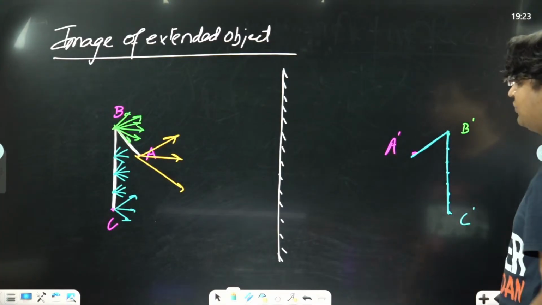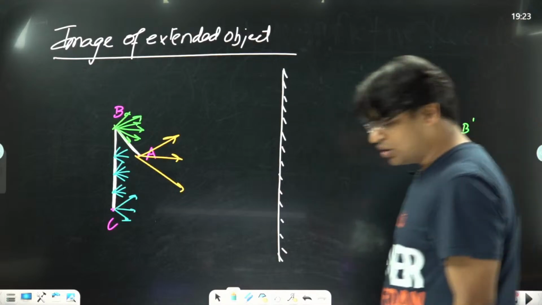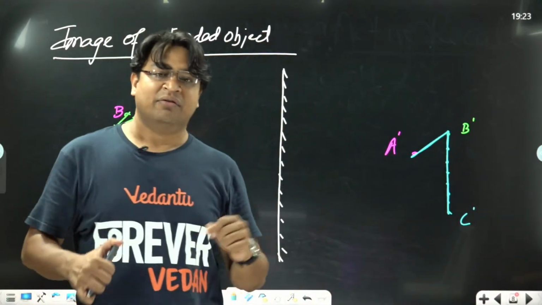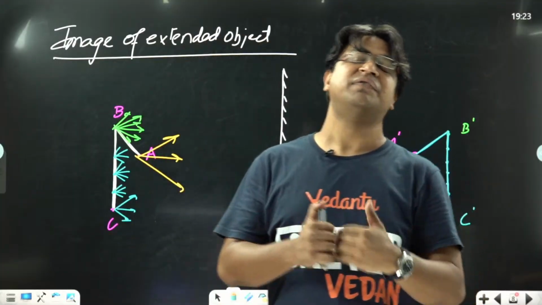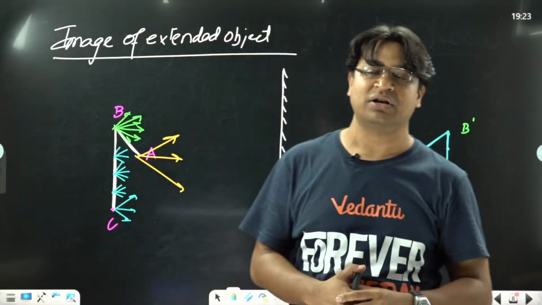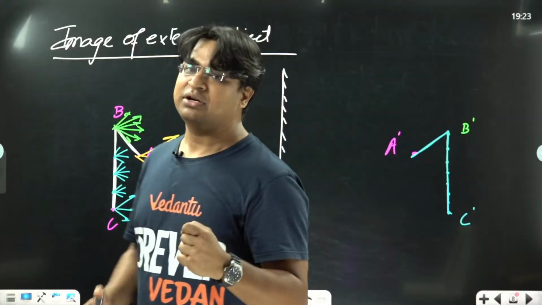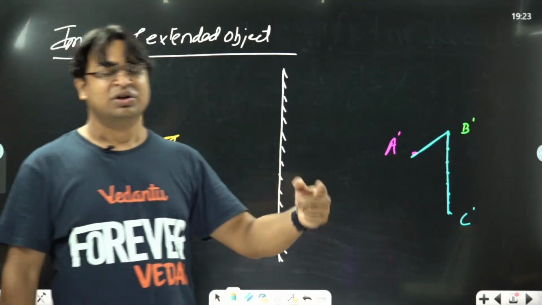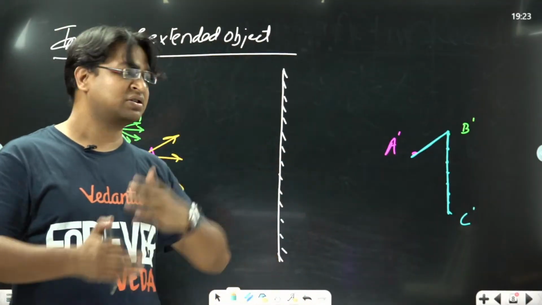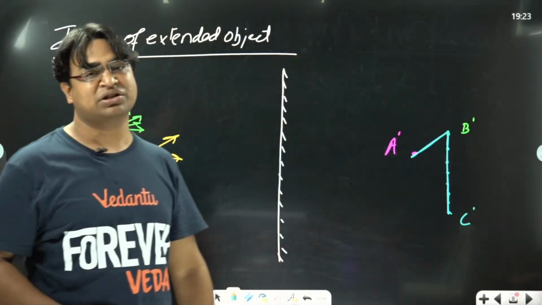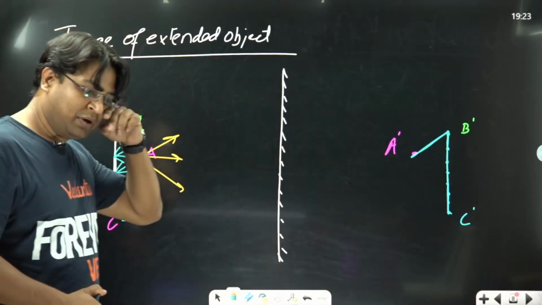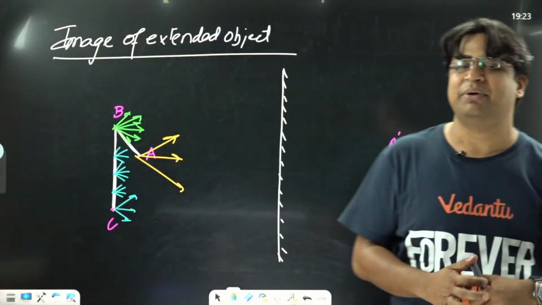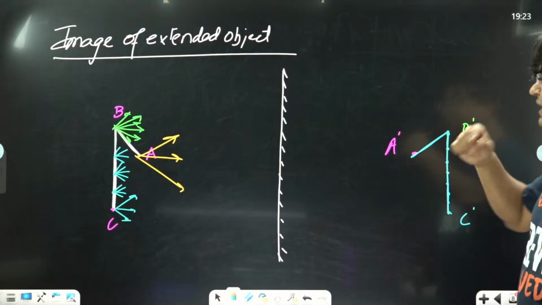When we talk about an extended object, we consider it as a collection of a large number of point objects, and each point object will form its own image. So the large collection of objects creates a large collection of images, and therefore we get the same shape. Are you getting it? This is how we get the image of an extended object.